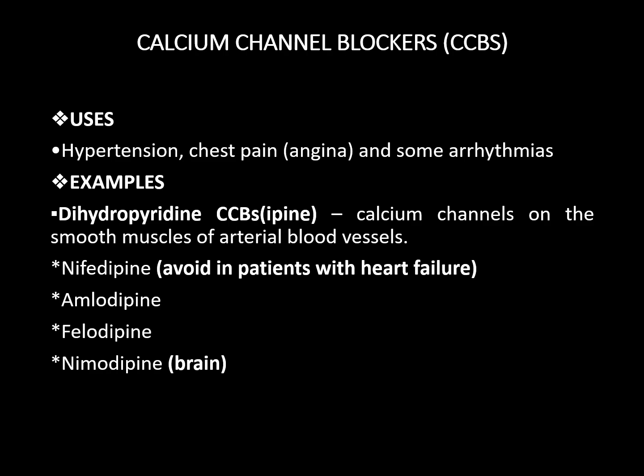Its work there is to prevent or reduce cerebral vasospasm. So on this slide, our main focus is on nifedipine, which should be avoided in patients with heart failure, as well as nimodipine having an extra function relating to the brain.